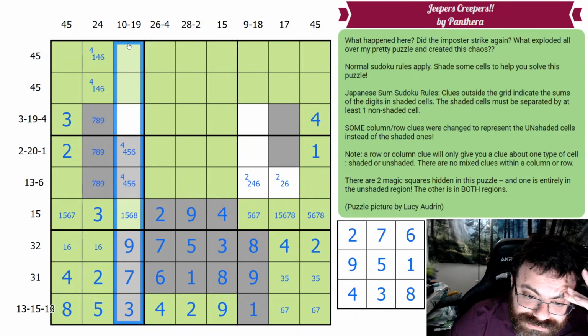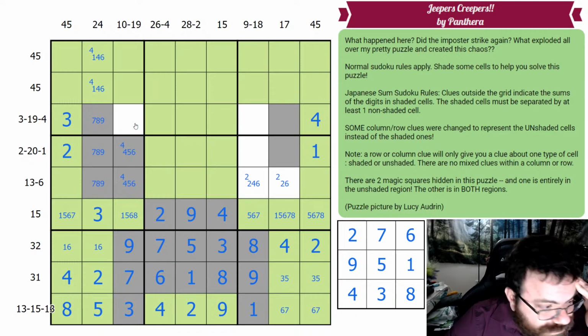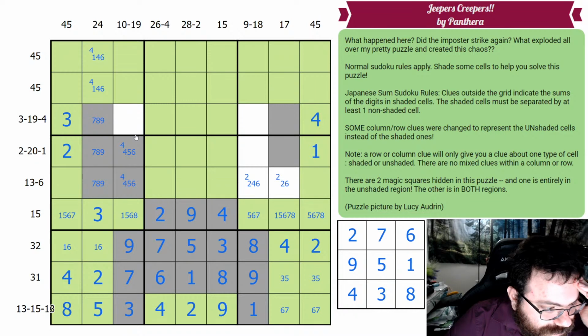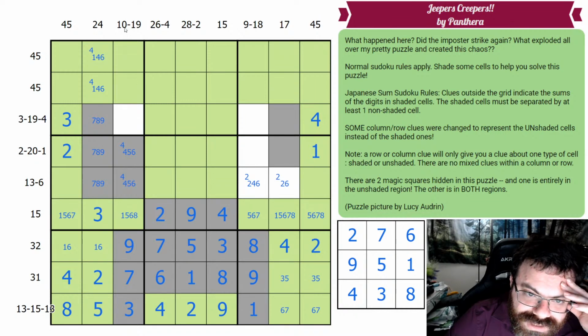Column 3. What am I missing about column 3? The clue?